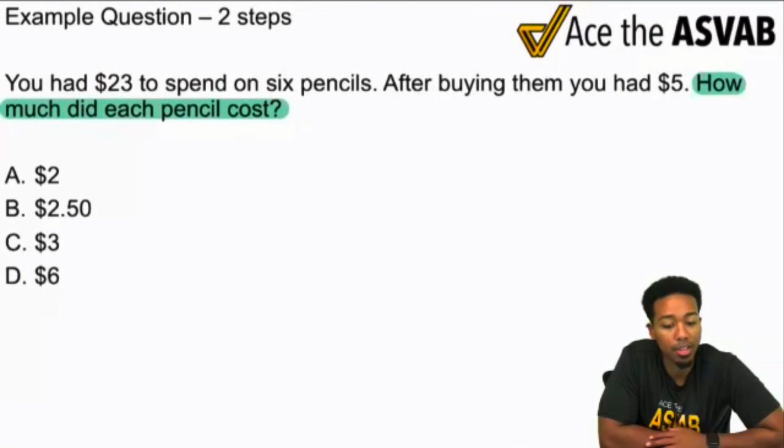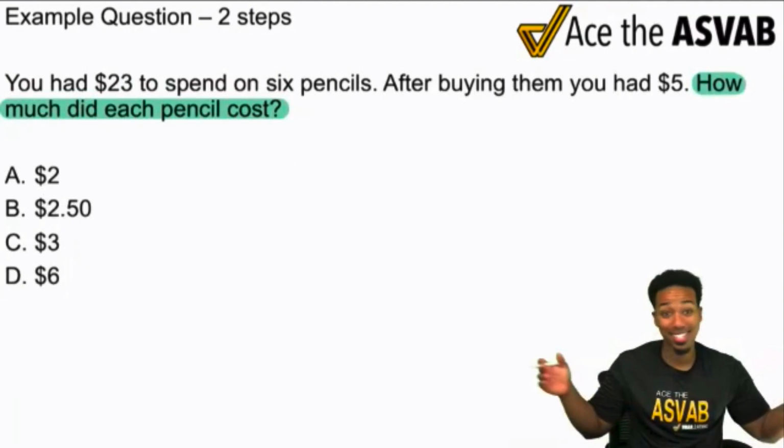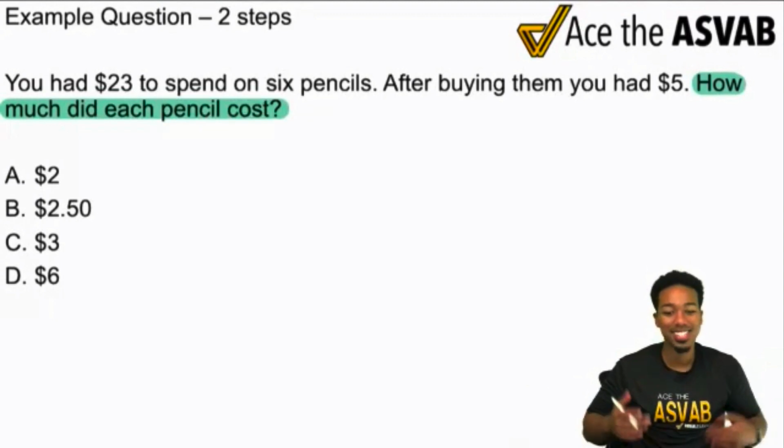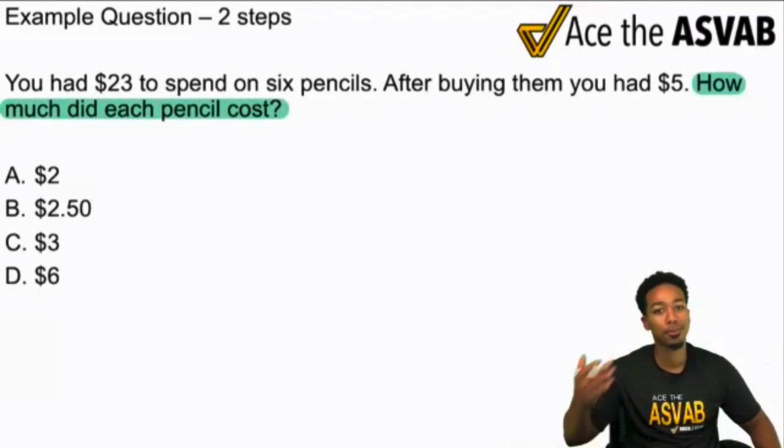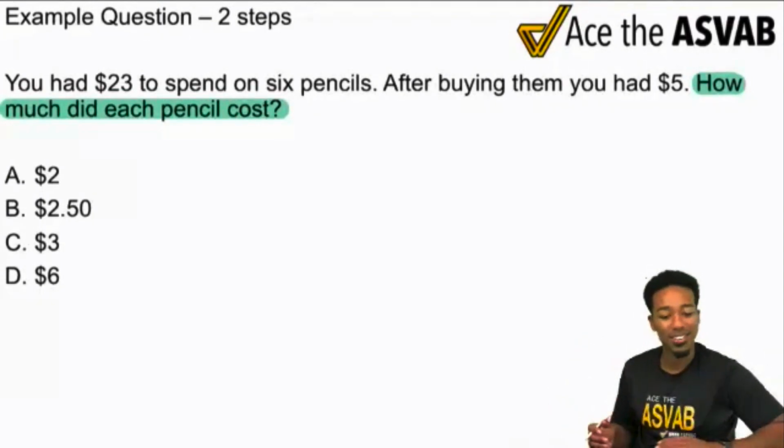Everybody, we're trying to find the cost of each pencil. What is a key word in that highlighted text there? What's a key word that might indicate what operation we're doing? Each. Exactly. We just spent 5 minutes talking about the word each, per, for every. We got to make sure we know what we're doing here.